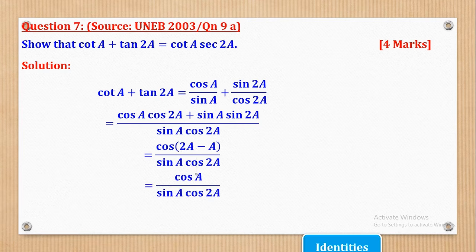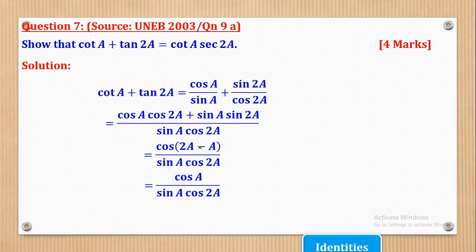Now here, some student may ask, why don't you say A minus 2A? Whether you say 2A minus A or A minus 2A, it is still the same, because cos of a negative angle is equal to cos of a positive angle. If you want, you can prove it. You get your calculator and press cos of 30 degrees, then also press cos of negative 30 degrees. You realize that both values will be positive.